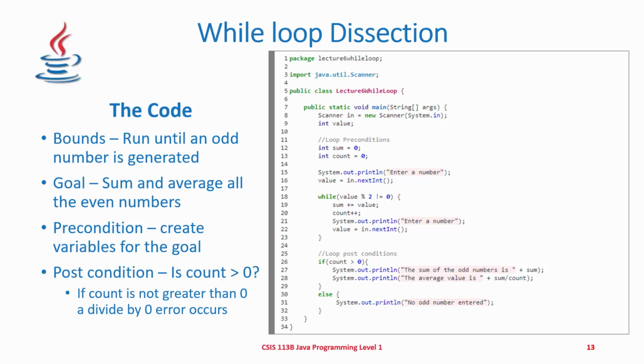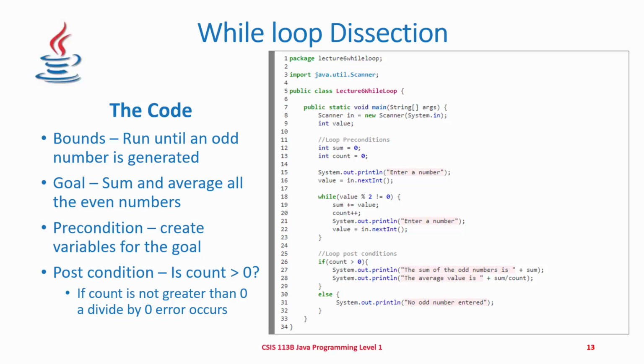So that's what we're testing for. If the test says it's true, that means we got an odd number, so we'll add that value to the sum. Again, a running total. We're using the plus equal operator there. And then also incrementing the count variable so that we'll know how many numbers were collected.